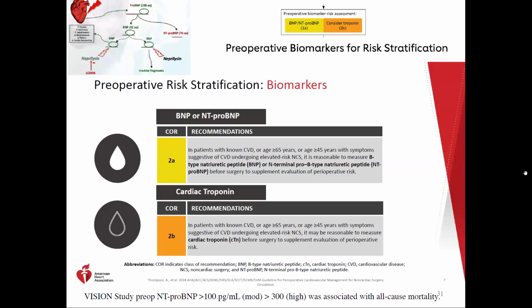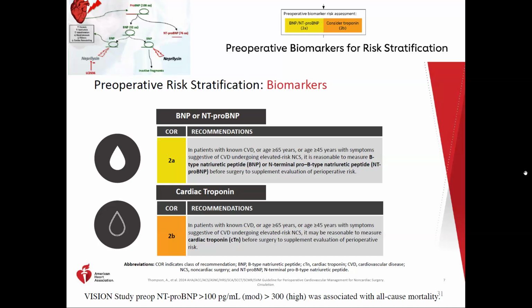ProBNP is before it gets hydrolyzed into BNP and it sticks around longer. So you could check BNP. What is BNP? Atrial stretch leads to the release of brain natriuretic peptide to help your body deal with the extra fluid and be diuretic. So proBNP sticks around for a week.